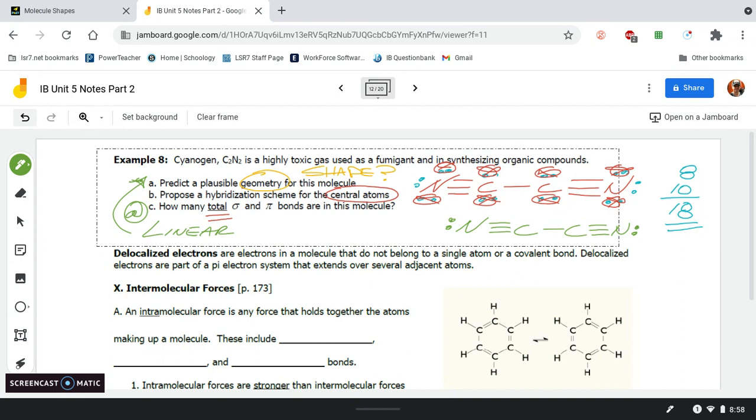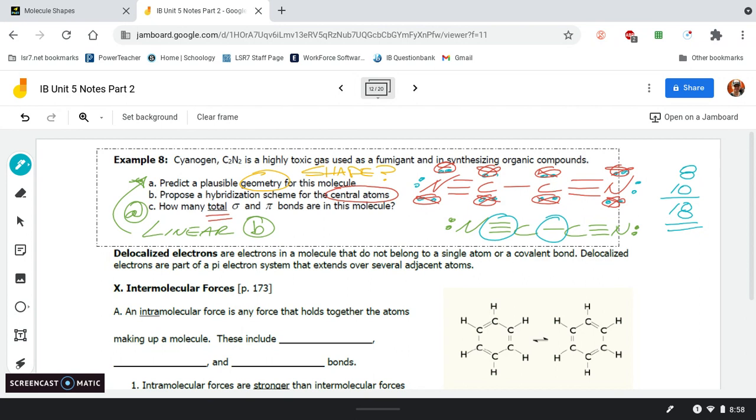All right, B. Propose a hybridization scheme for the central atoms. So we are either looking at this one or this one. You pick. I'm just going to pick the one on the left. Hybridization scheme means I need to look at how many attachments it has. So remember, it has one here and one here. That's not 3 attachments. That's 1.